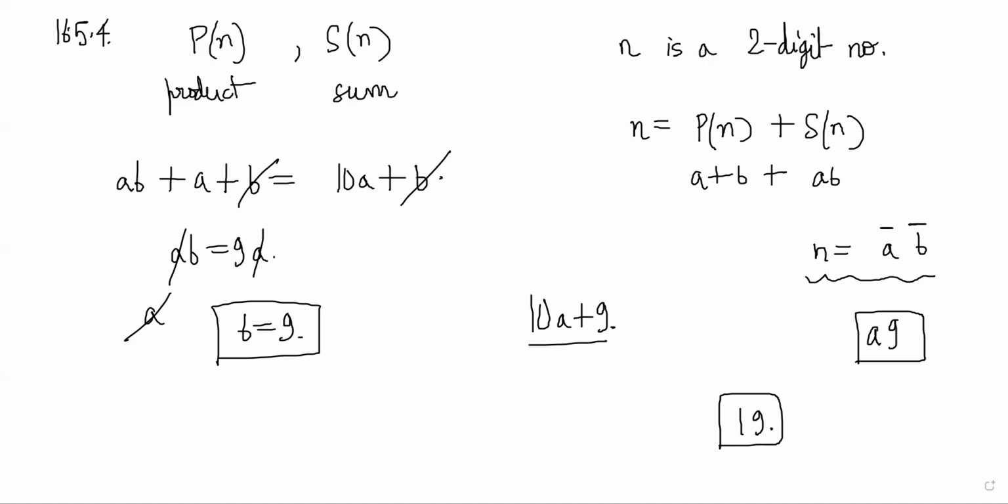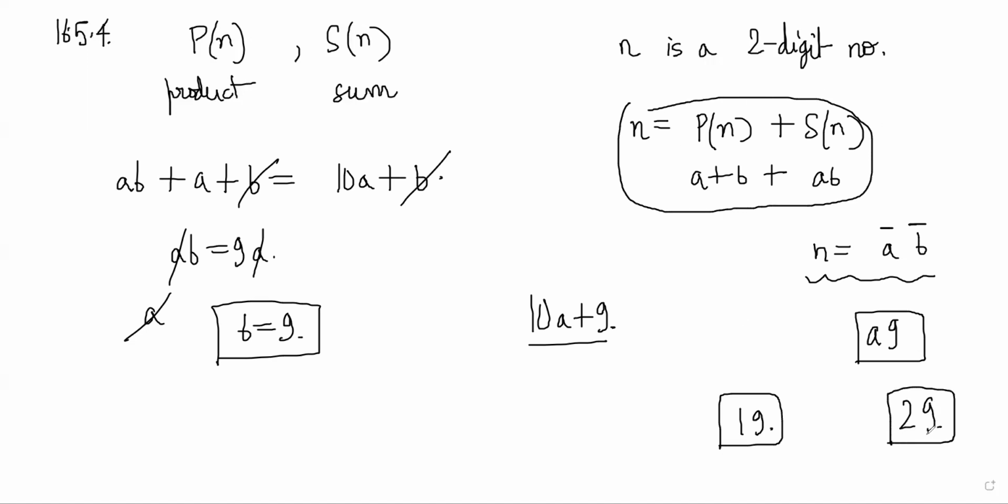It does. The product is 9 and the sum is 10. 9 plus 10 is 19. Any digit is satisfying. Yeah.